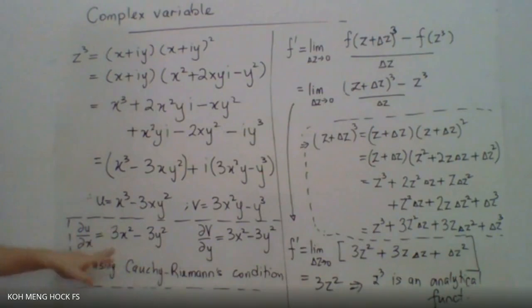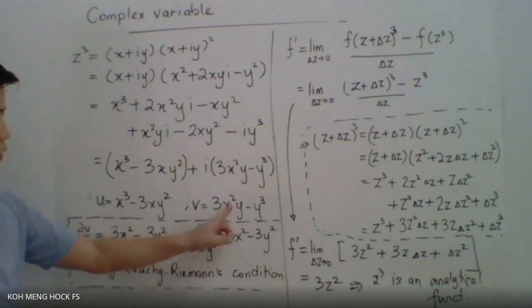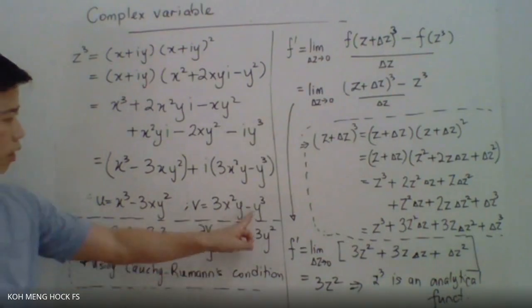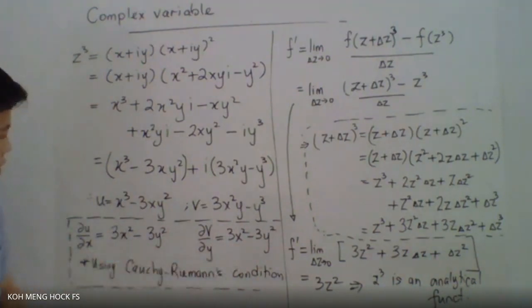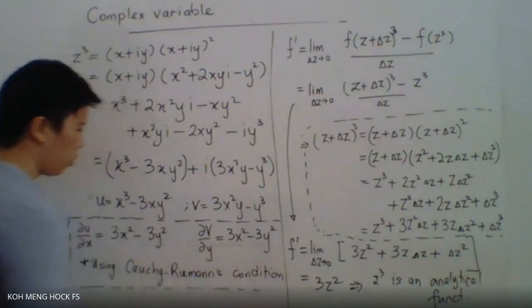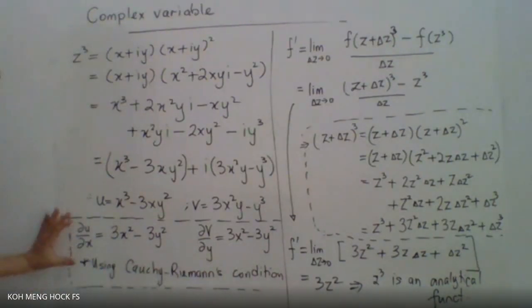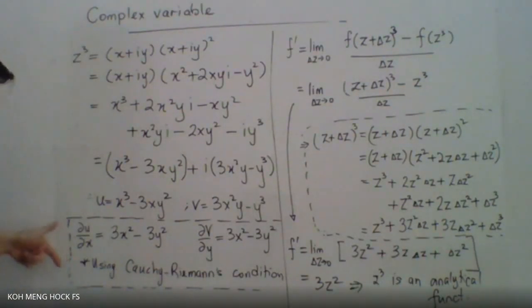Now I take v and differentiate with respect to y, so I will have 3x squared and 3y squared. You see this and this are exactly the same, and therefore this is an analytic function. Z to the power of 3 is an analytic function.